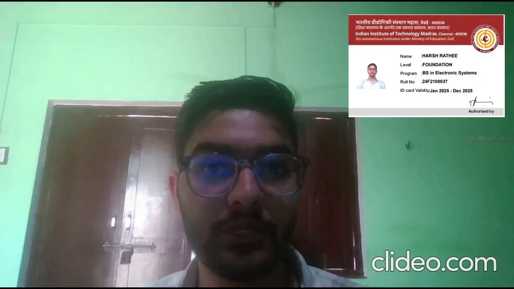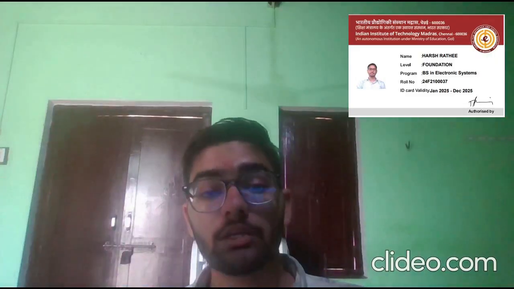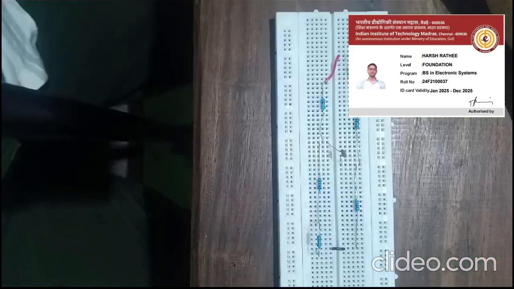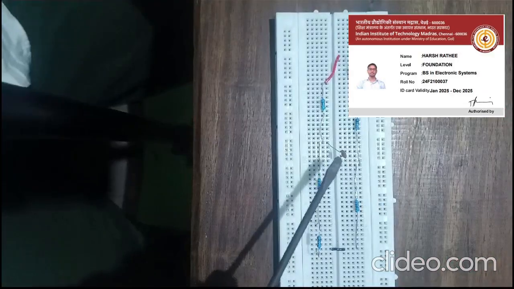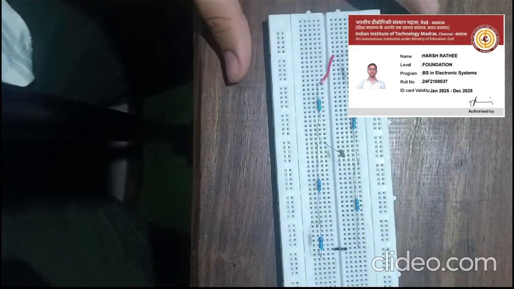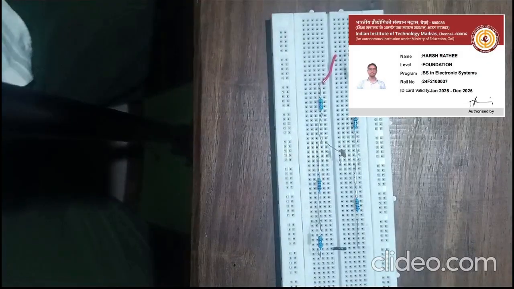Now if we compare this circuit with the previous Wheatstone bridge, we can conclude that the previous one is the proper Wheatstone bridge, where Vout, the voltage between point A and point B, is 0, but in this one it is not. This circuit is not a proper Wheatstone bridge because R1 by R2 is not equal to R3 by R4.